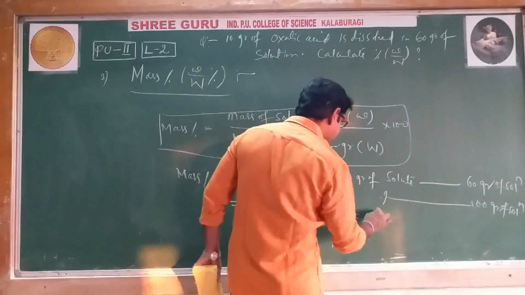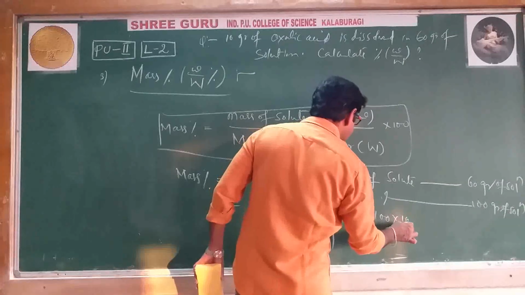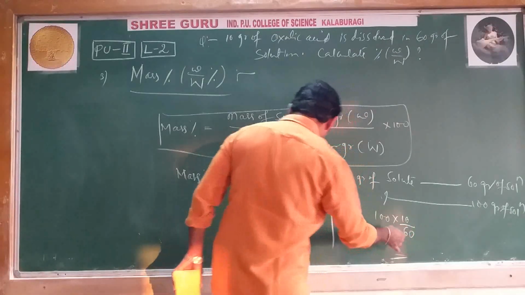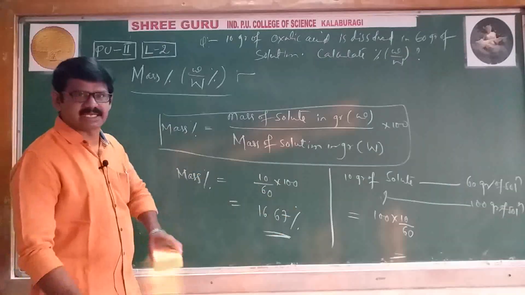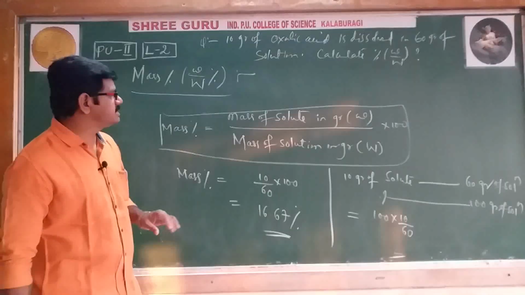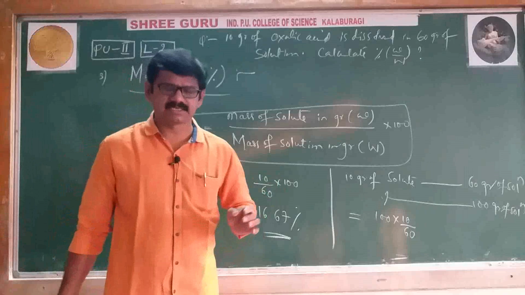That is 100 into 10 divided by 60. Same calculation again, you will get the same 16%. That's it. This is the mass percentage concept.